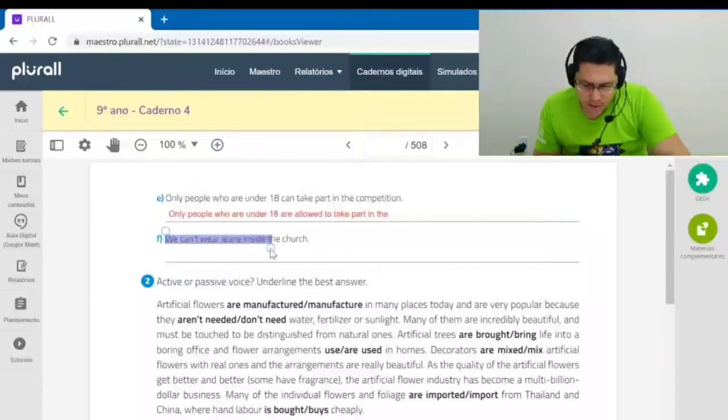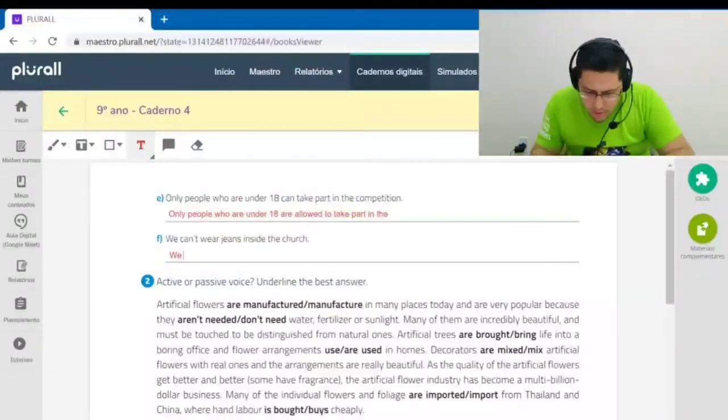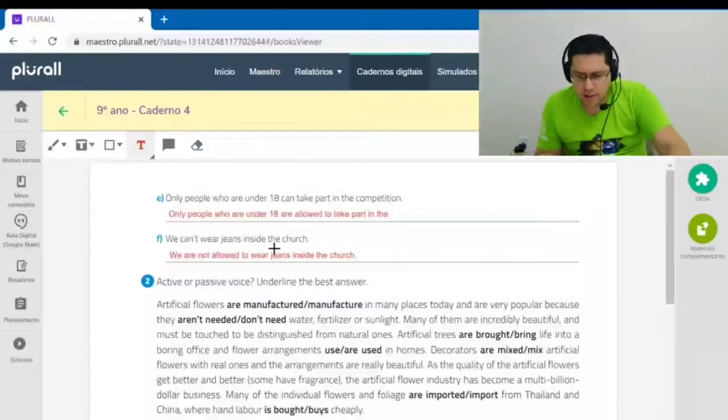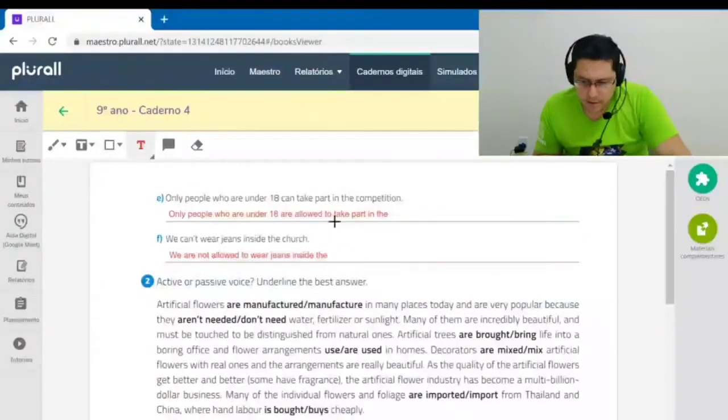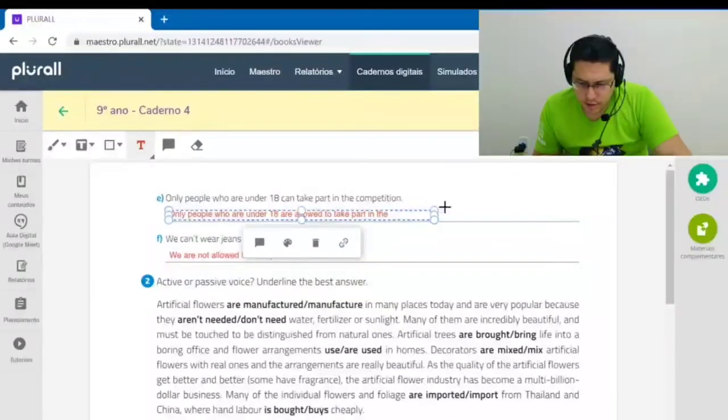We can't wear jeans inside the church. So, opa, Ctrl Z, Ctrl V. We are not, or aren't, allowed to wear jeans inside the church.